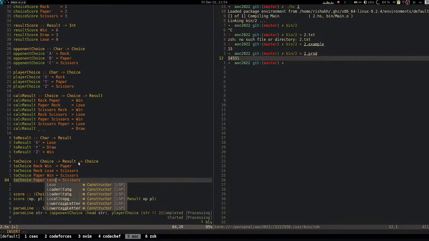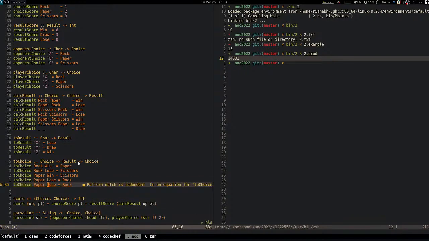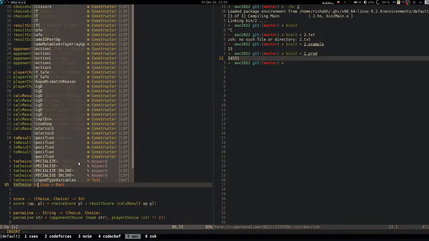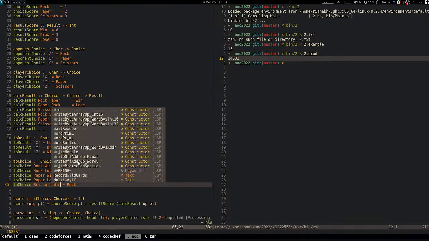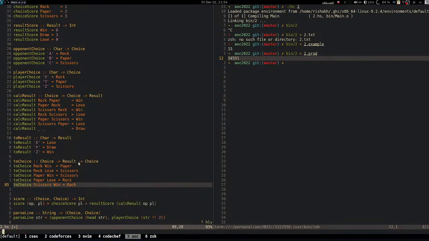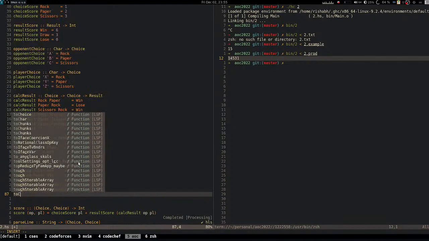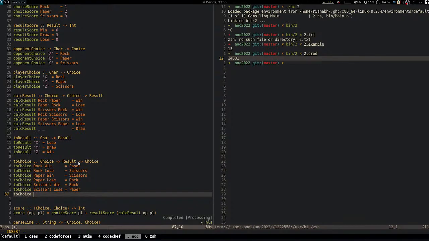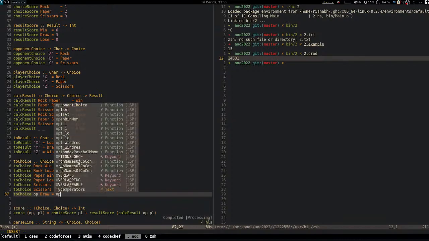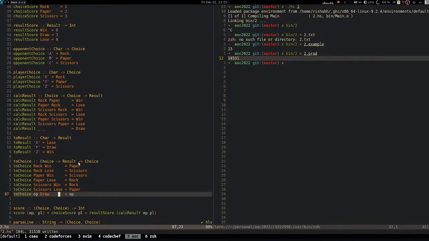Paper and lose, I need to have rock. Scissors and win, I need to have rock, since rock wins against scissors. Scissors and lose, I need to have paper, right? And other than that, for a draw, I don't actually care: we just get back what the opponent has, right?